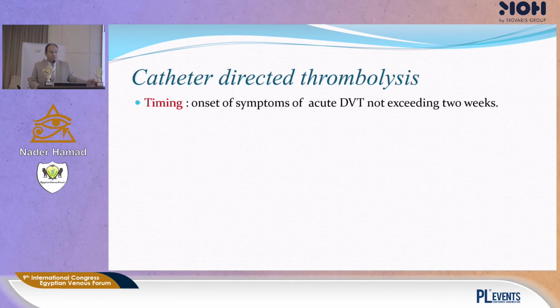And as shown yesterday in one of the presentations, MRV seems to be the best way to find out if the patient has an acute, subacute, or chronic DVT. And if we treat acute or subacute DVT, the results will be much better than if we try to do thrombolysis in the chronic setting.